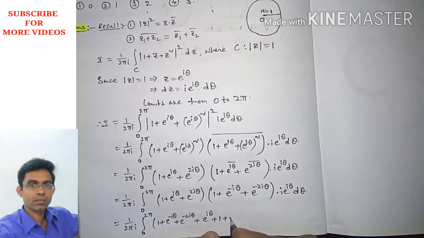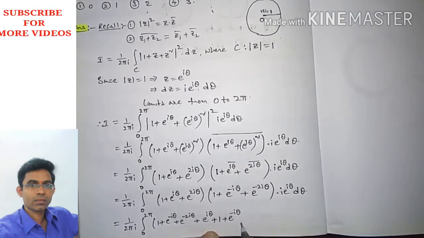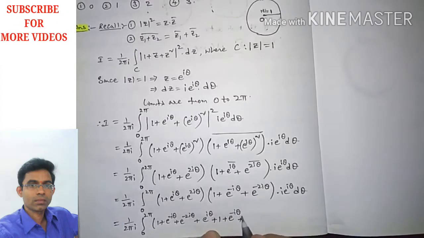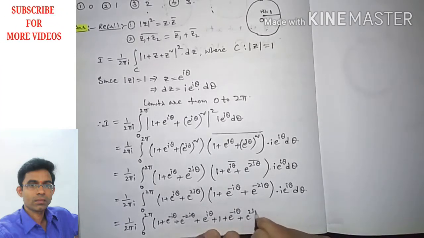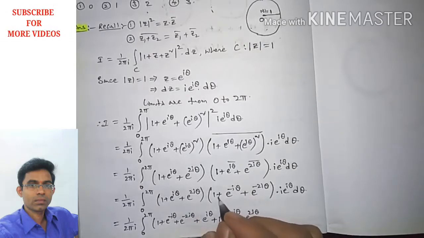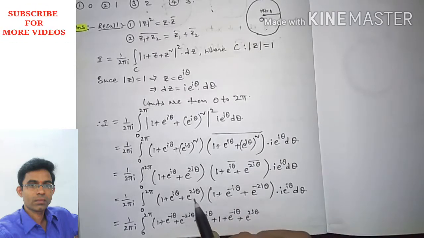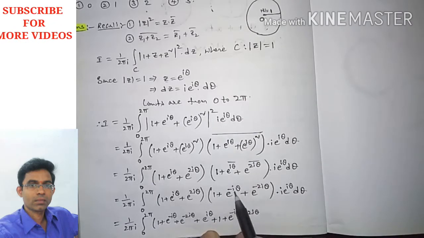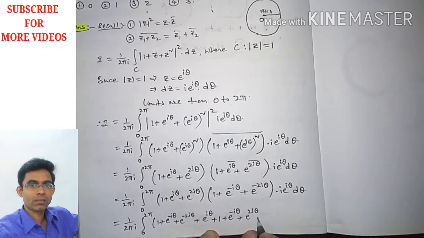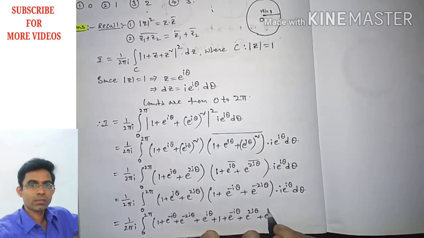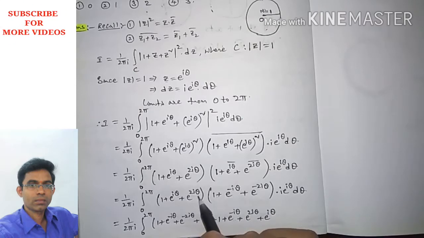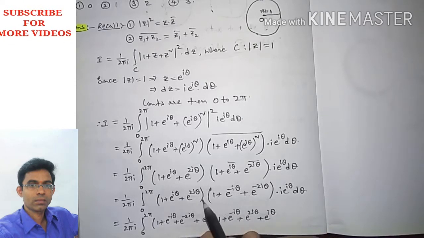So this is e^{-iθ}, plus now multiplying with e^{2iθ}. So this is e^{2iθ}, because e^{2iθ} into 1 is e^{2iθ}. Next we have e^{2iθ} into e^{-iθ}, so this value is equal to plus e^{iθ}, because 2iθ minus iθ gives iθ.